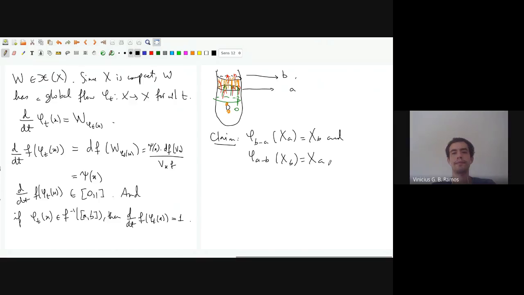Okay, so if I flow positively in time b minus a, this will take x_a to x_b. And if I flow negatively with time a minus b, this will take x_b to x_a. So let's prove this.